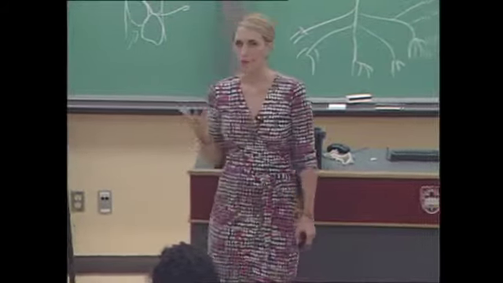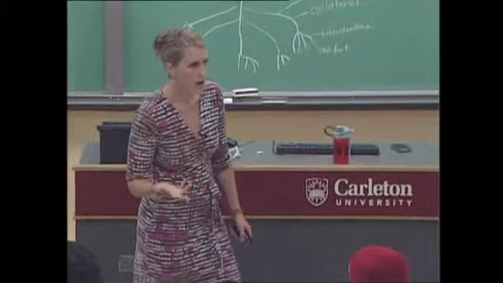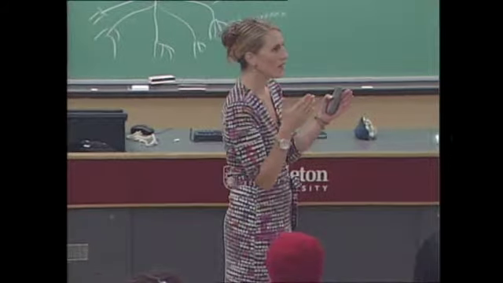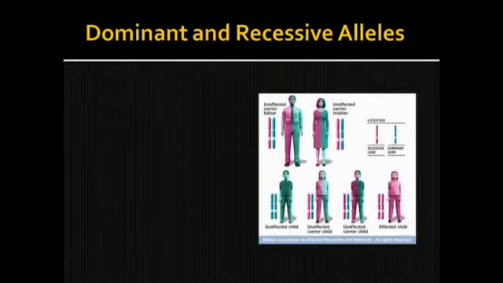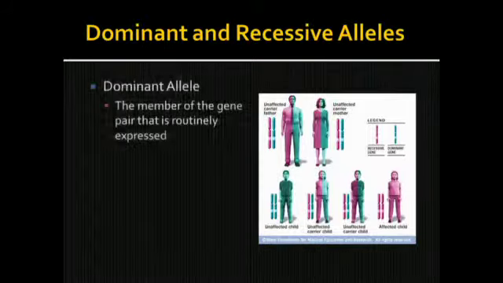So again, what do I mean by dominant and recessive? So if you have alternate forms of a gene, so different alleles, you can have the allele that's either dominant or recessive. So the dominant is the member of the gene pair that is routinely expressed. So what that means is that if you have a heterozygous inheritance of these alleles, the dominant gene is the one that's going to be expressed, right?